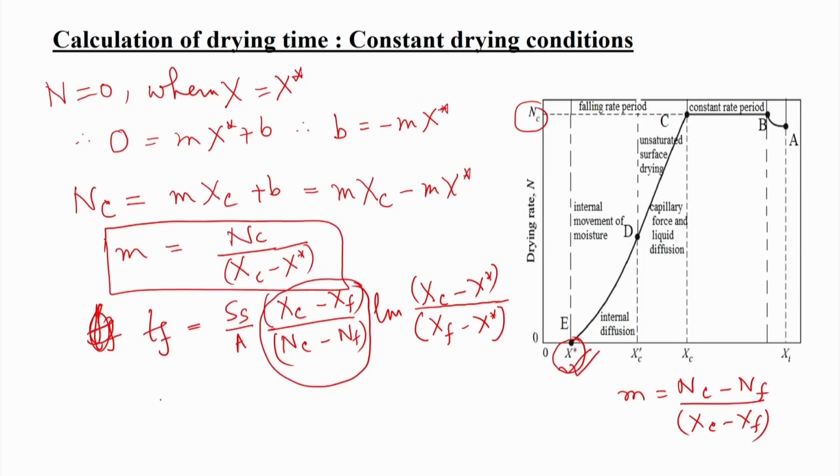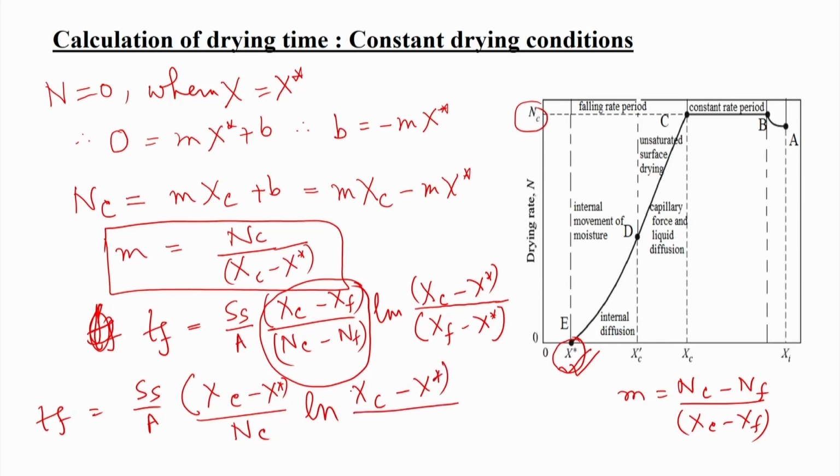So, t_f will be equal to S_s by A into (x_c minus x*) by n_c into ln (x_c minus x*) divided by (x_f minus x*).